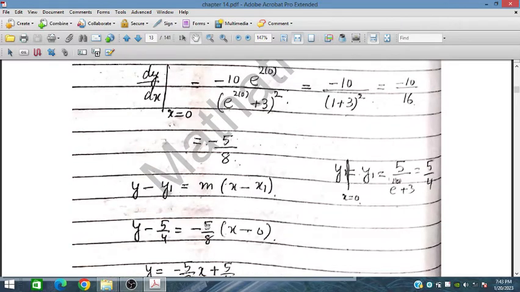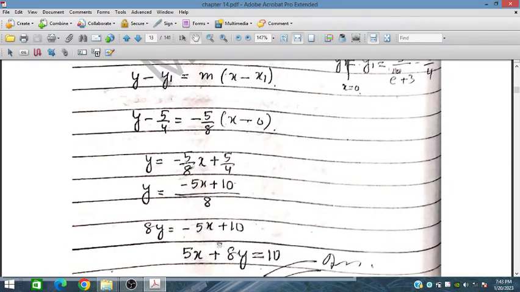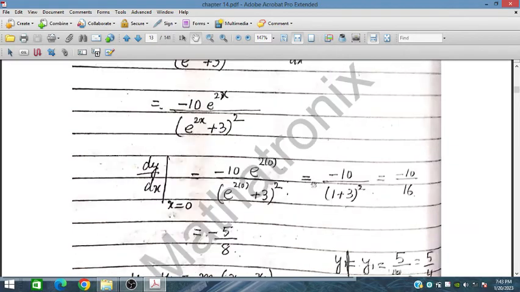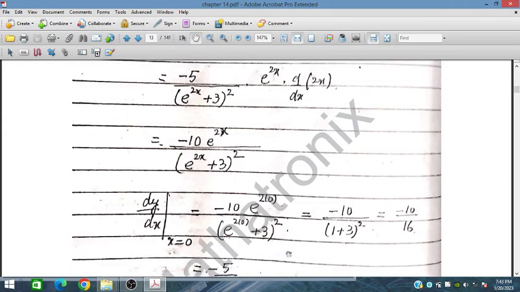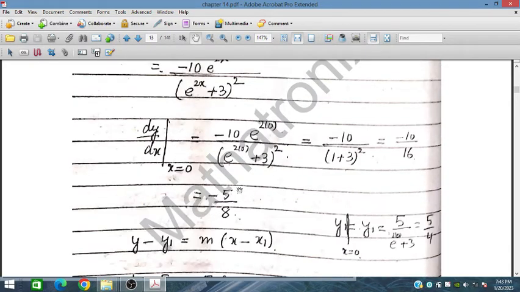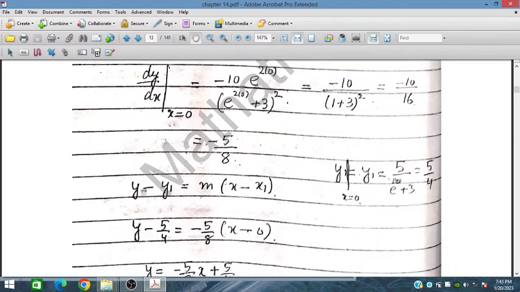You can see it here. So this is the tangent equation on this curve. We have obtained the equation of the tangent. This is the gradient of the tangent, and we have obtained this tangent equation by placing it in the line equation.